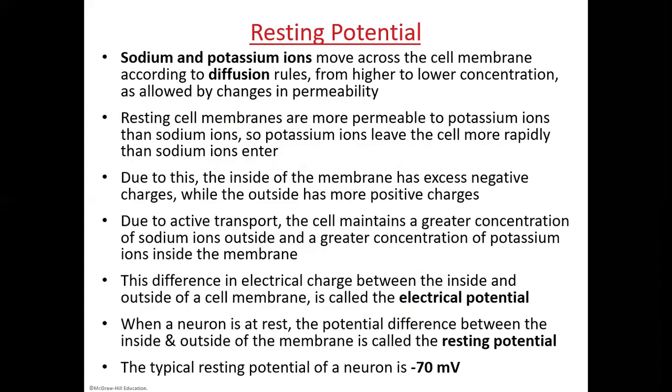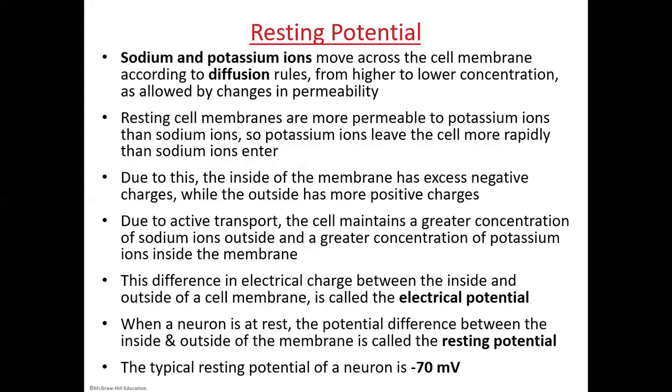It just kind of uses what would naturally be occurring. So this, like I said earlier, the potassium travels through the membrane faster than the sodium. So potassium is quicker, and that causes the inside of the membrane to have the excess negative charge.